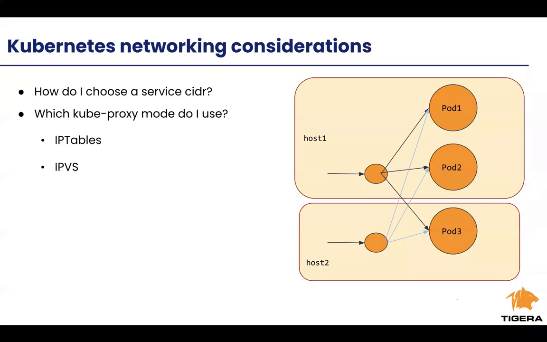At a certain scale, I think it's either 1,000 or 10,000 services, you do start to see a noticeable difference between iptables and IPVS. And IPVS was actually added to address that scalability issue and give you more performant kube-proxy and service implementations.